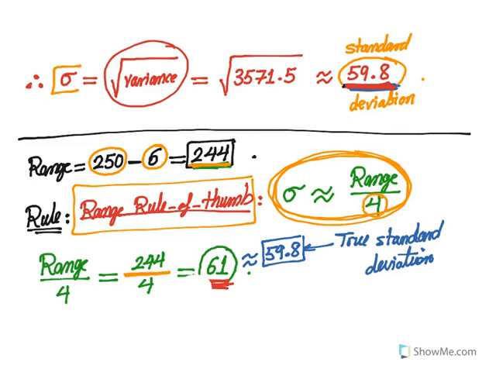This is always in the rule. It's range over 4. It should be the standard deviation. And you got 61, which is very close to the standard deviation that you got from the harder or longer formulas. And I hope by now you understand these things much better. And this will be the end of this question.